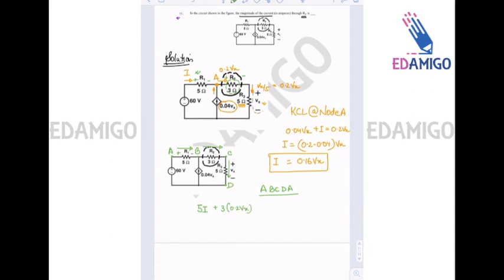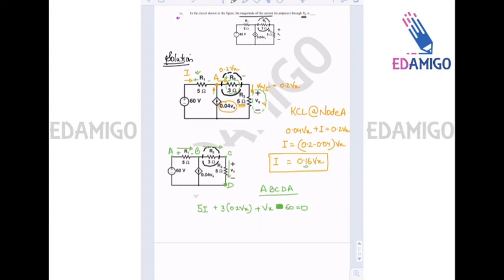Now the voltage across R3 is plus at the top, minus at the bottom, so plus Vx. And moving from D to A back, we are entering this 60 volt at minus terminal. So it will be a minus sign, minus 60 is equals to 0.